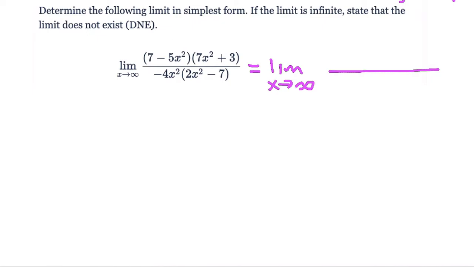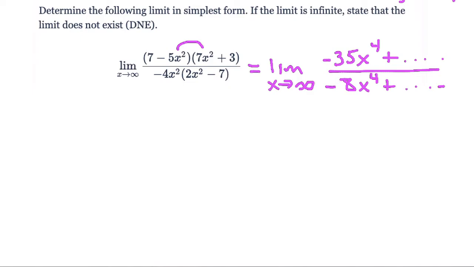So if I look at this particular one, the highest power would be to the fourth power, because we'd have negative 35 x to the fourth plus some other things back here. On the denominator, we'd have negative 8 x to the fourth plus some other things.